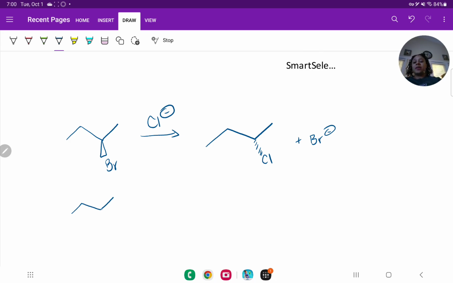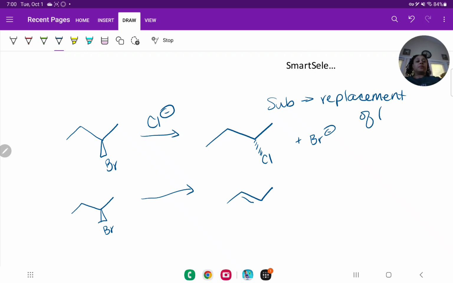If I started with my molecule and I ended up making a double bond, that means I had to have an elimination. So substitution is a replacement of the leaving group, and elimination is the removal of the leaving group and a beta hydrogen.